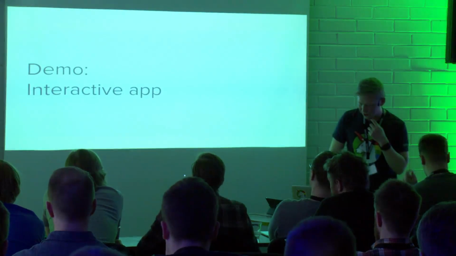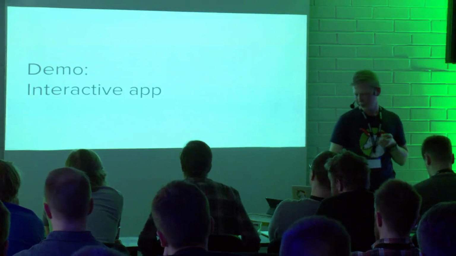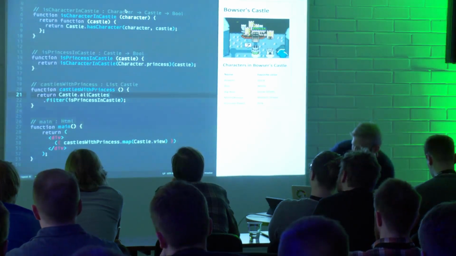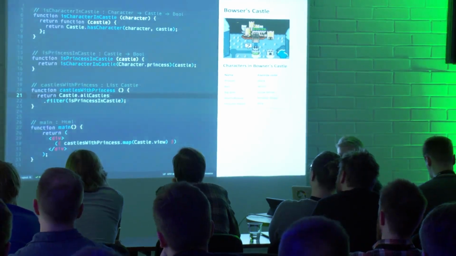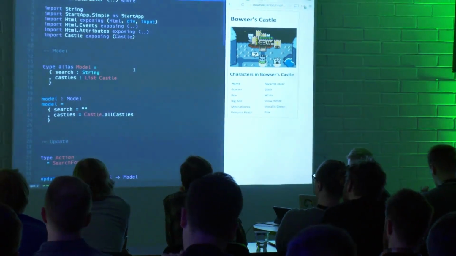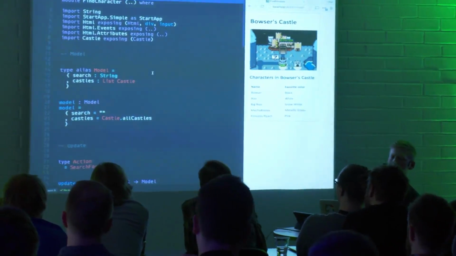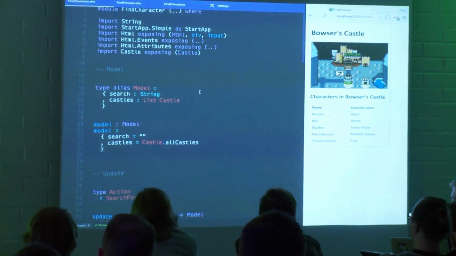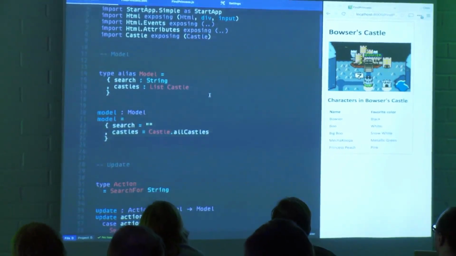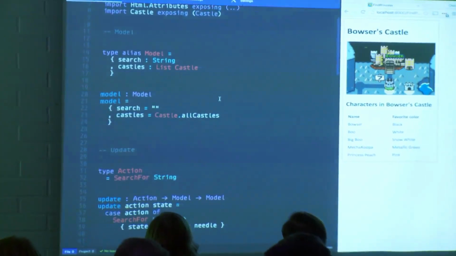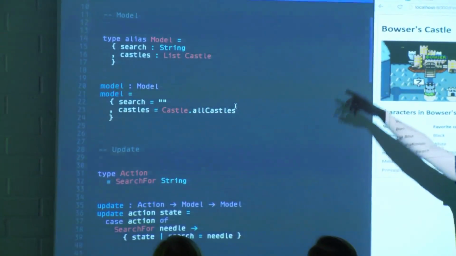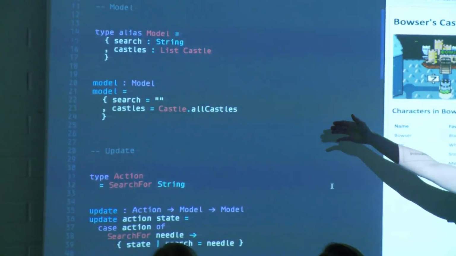So I'm going to show you another demo of the same thing, but interactive. Find character. All right. We have a lot more things imported, but that's not really important right now. What is important is that we have the model here.